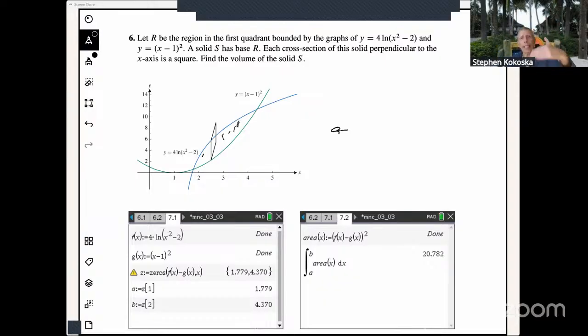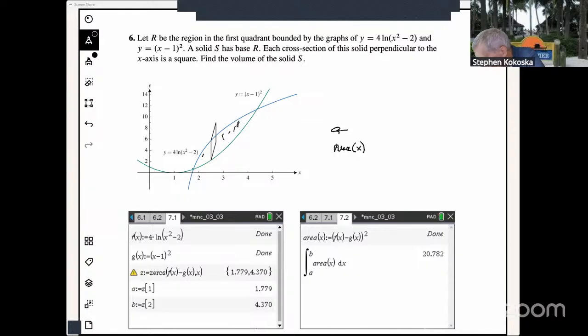And so what we need to determine is, what's the area of that cross section? Well, it's the area of a square. So I'm going to scribble a little bit out over here. I need to find the area of that square at a value of x in the region from 1.779 to 4.370.